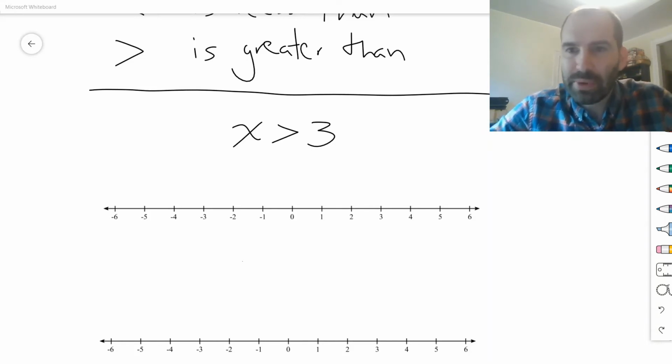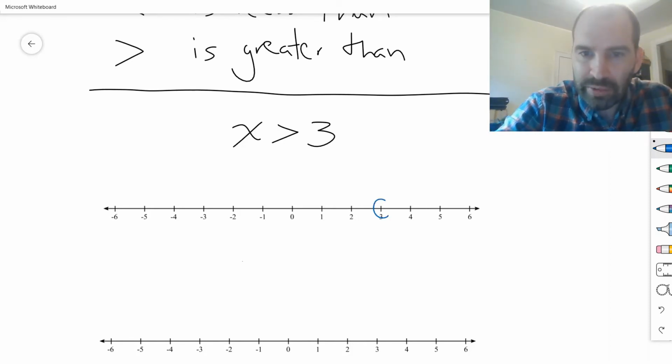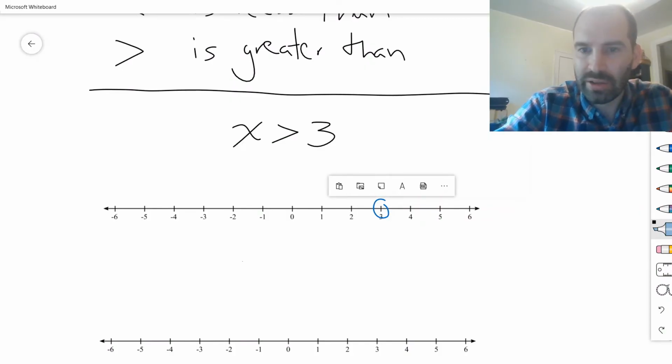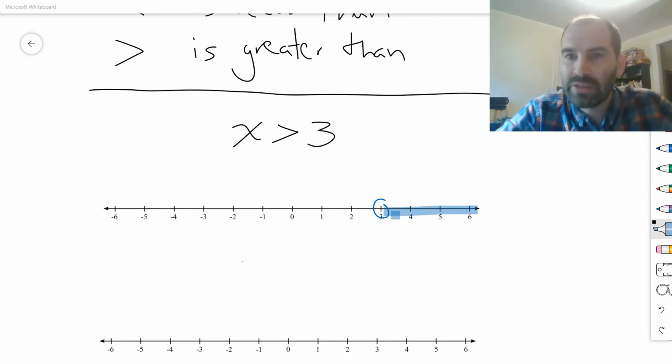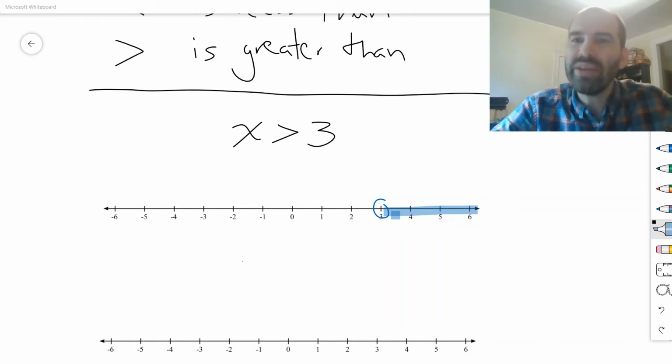So let's try to plot this on the number line. 3 is right here. To be more than 3 means we are to this side of the 3. So there, I've graphed this inequality. I indicated all numbers that are to the right of 3. And so we see that the greater than sign can also be interpreted as to the right of on the number line.